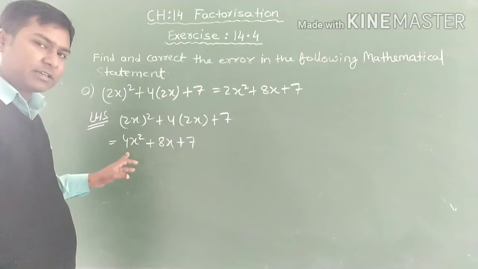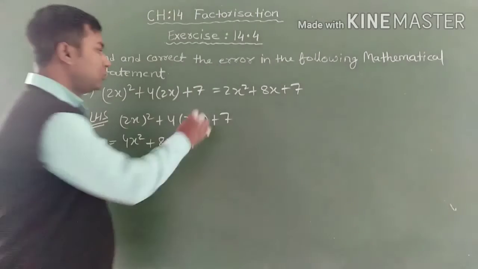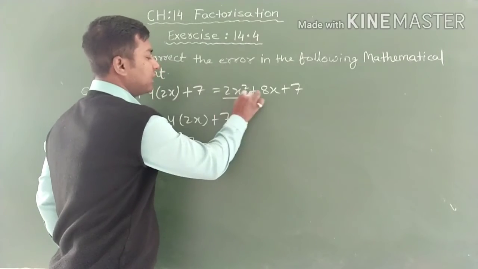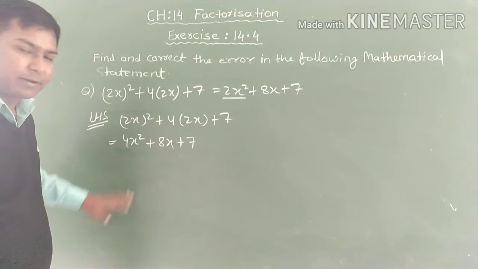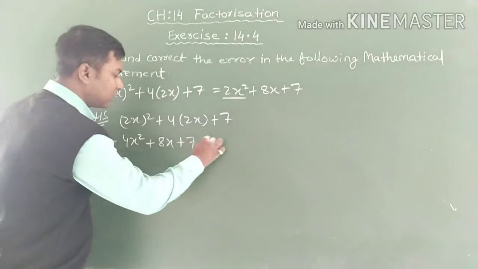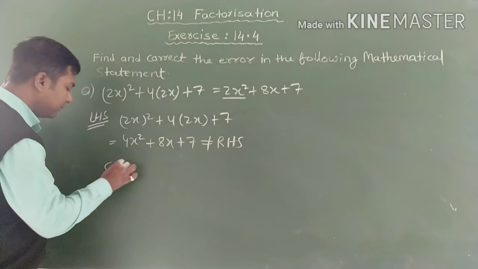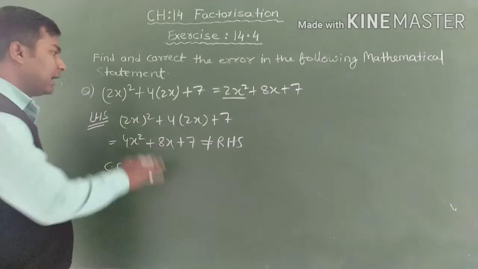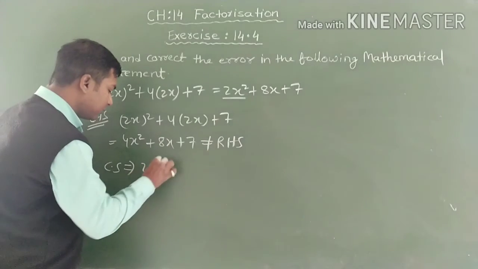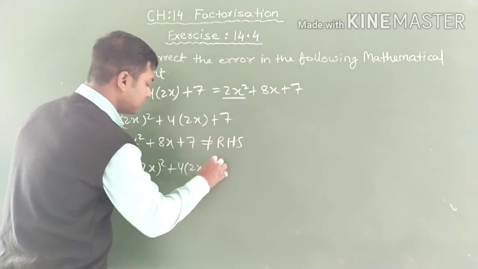Now what is correct? That is 4x square plus 8x plus 7. So 2x square, this is a mistake, this is an error here. It must be 4x square. So this will not equal to RHS part. So the correct statement will be LHS, that is 2x whole square plus 4 into 2x plus 7.